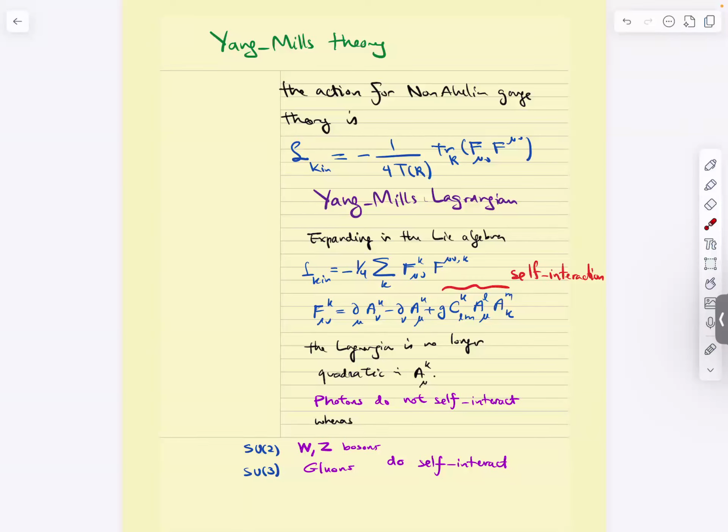Oh, ha ha ha. This is 2. Wait a second. No, it's correct. This is correct. This is for non-abelian. What is T of R for the trivial representation? Zero.